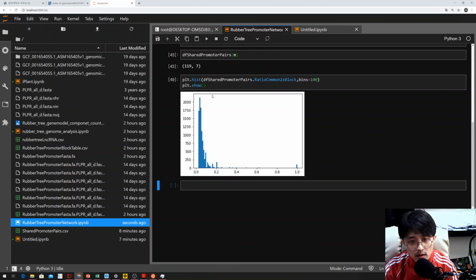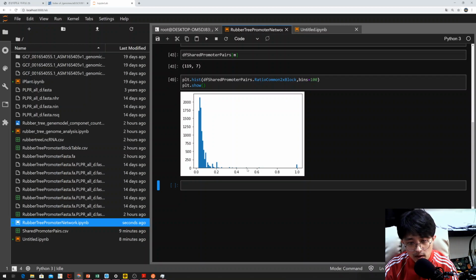But this is the majority. But we want to see something more significant. So maybe you can put this number here as a threshold. Maybe you can calculate the area under this bar or under this curve, and you can select a certain number, summing up these areas, like 0.05.